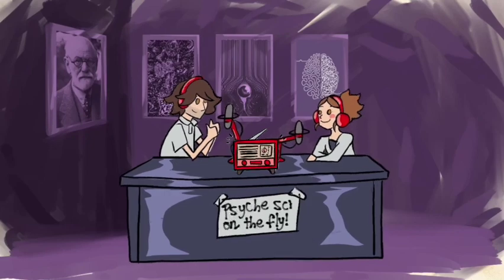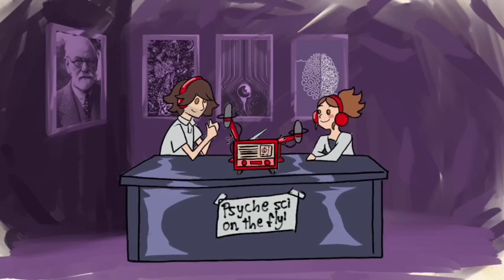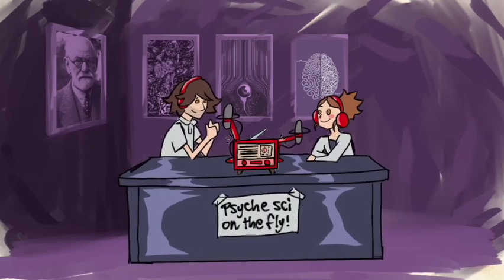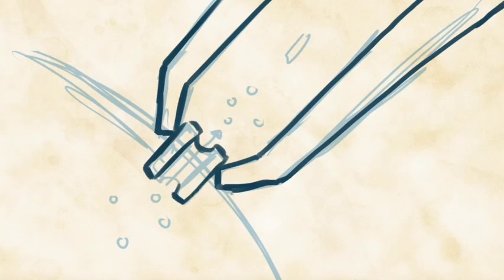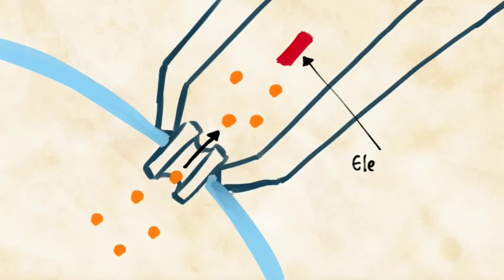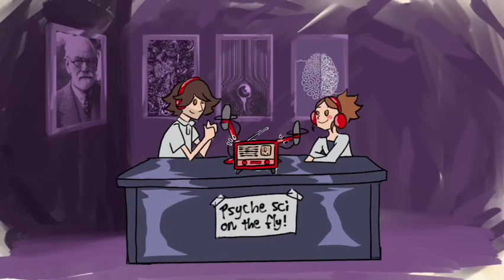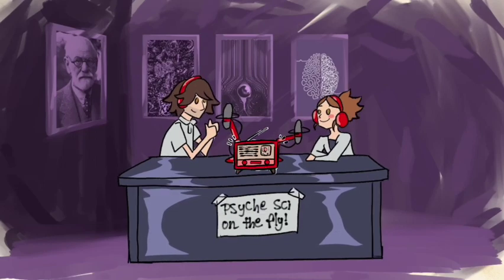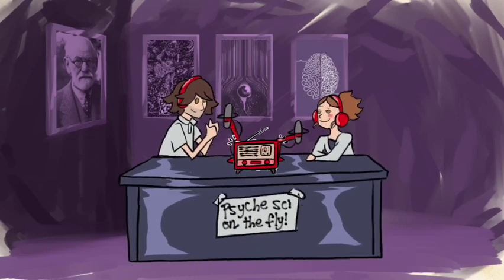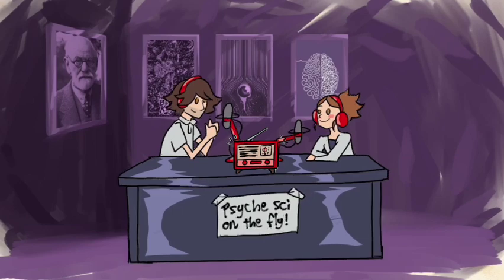One way to measure electrical currents in cells is with the patch clamp technique. To carry this out, a glass micropipette is filled with an electrolyte solution and a recording electrode connected to an amplifier. This solution conducts ions, which, as you know, hopefully by now, are really big players in the neuron's change in voltage.